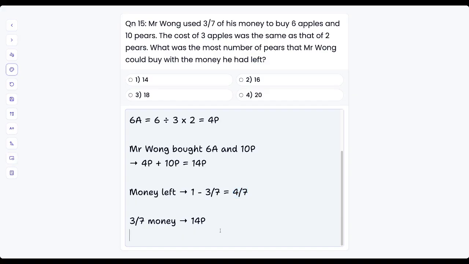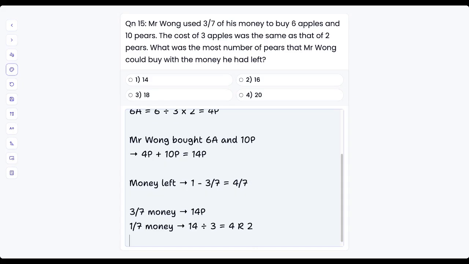Okay, so 1 out of 7 of the money is equal to 14 divided by 3. Sadly there's a remainder, which is 4 remainder 2. 4 times 3 is 12, remainder 2. Correct.